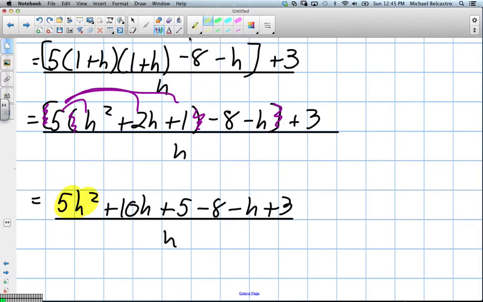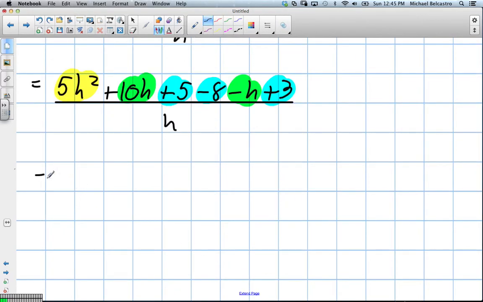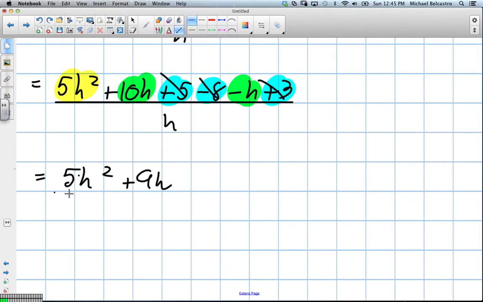Well, this is the only h squared. This h and this h can go together, and then all of our constant terms we can put together. So this will give us 5h squared, 10h minus h will give us plus 9h, and 5 plus 3 is 8, minus 8 is 0. So they cancel out, which is usually what will happen when we do this properly.